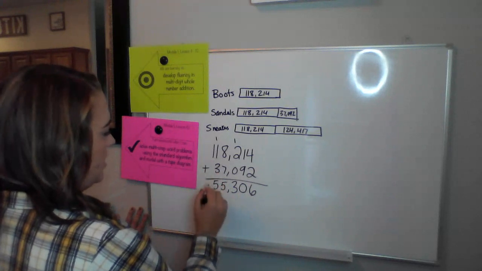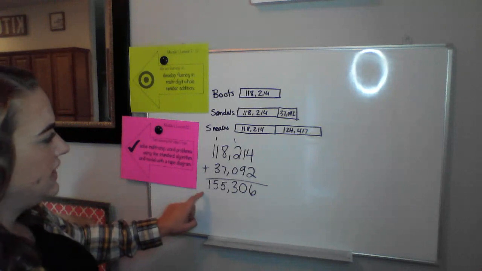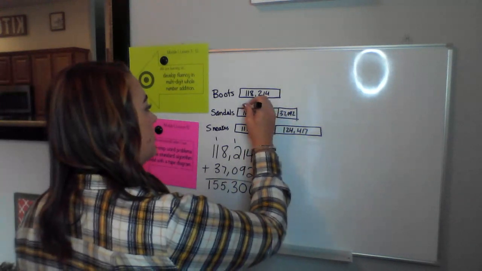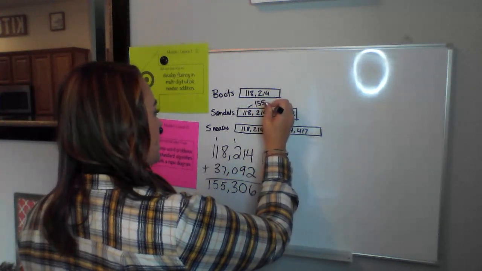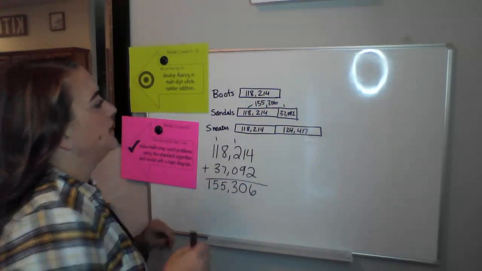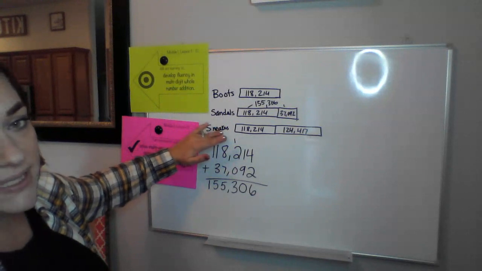We don't have any other 100,000, so we just bring it down. So this is our sandals total. Okay, so we can say our sandals is 155,306. All right, so now I know my boots total, my sandals total, but I don't know my sneakers yet.